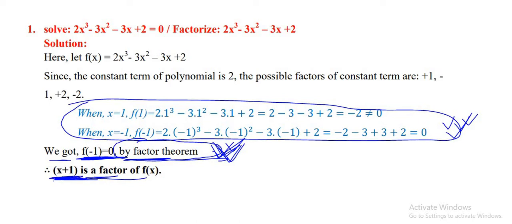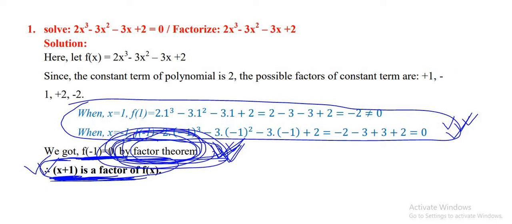It is told by the factor theorem. Because of that, we have to write the factor theorem here. So this part is also a part of the solution of this question. So don't forget to write by the factor theorem. So let's go ahead.